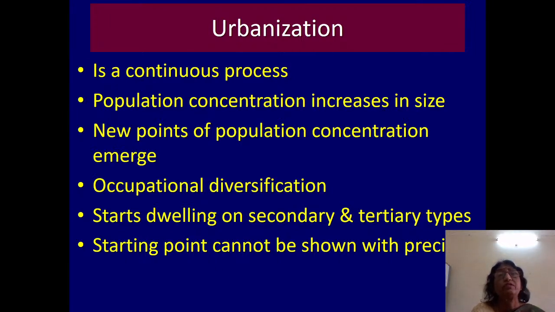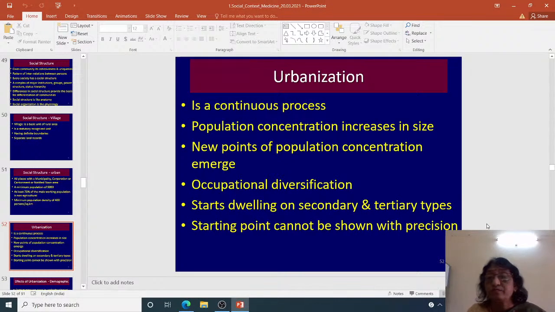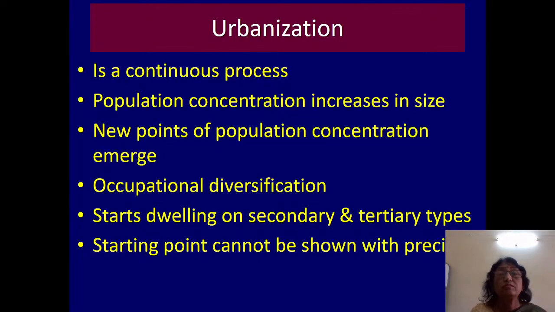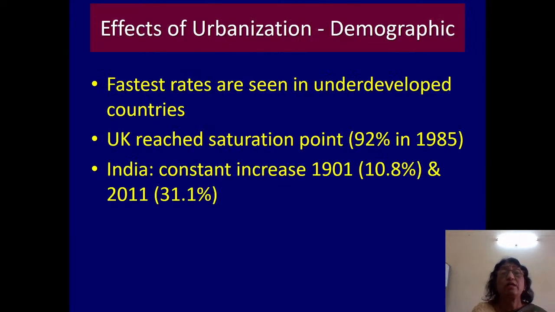So there is a diversification of occupations in the urban setup. They may start dwellings of secondary or tertiary type, and the starting point cannot be shown with precision, unlike in a village wherein you have a boundary.